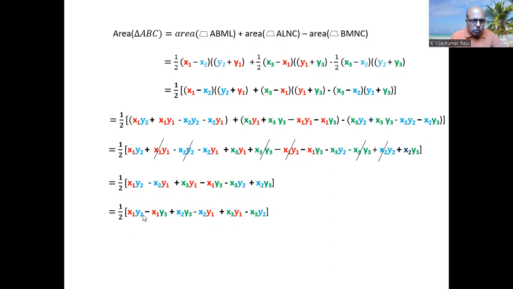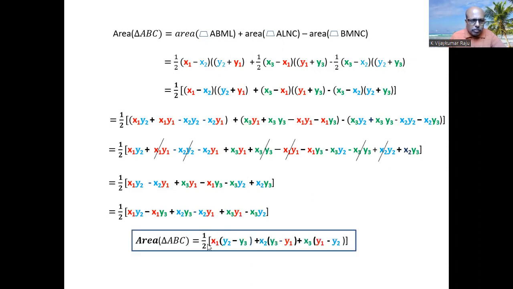Now from this, both are having x common, so I take out x common. Here I am taking x2 common. Here I take out x3 common. So it becomes half x1 y2 minus y3 plus x2 y3 minus y1 plus x3 y1 minus y2.